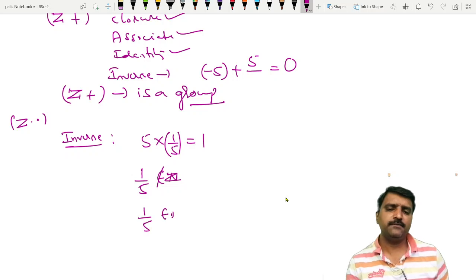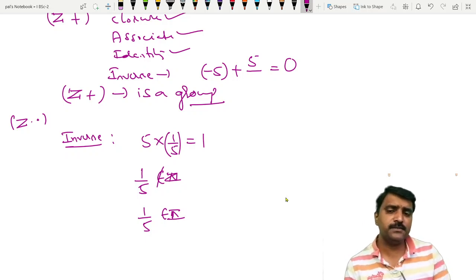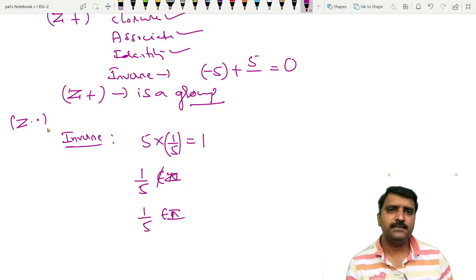So it fails to satisfy inverse property. So in Z with multiplication, it is not a group, but with addition it is a group.